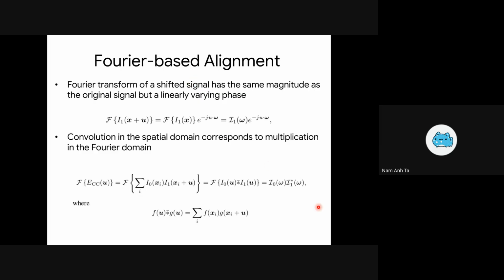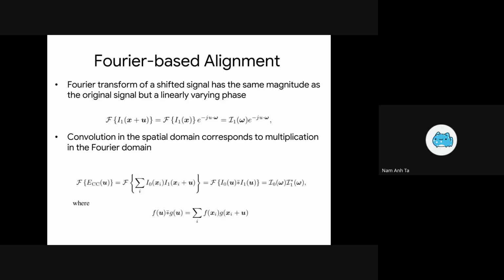All right, so let's continue back to the lecture. In this, there are some properties of the Fourier transform of the alignment. The first thing is the translation property, because a shift in the spatial domain results only in a phase shift in the frequency domain, and the amplitude remains unchanged.